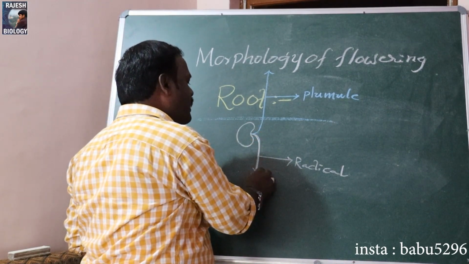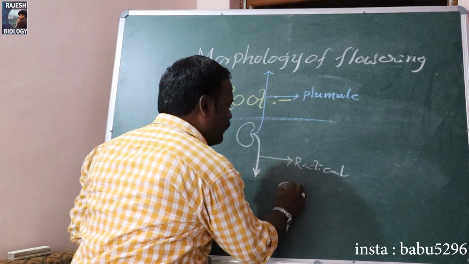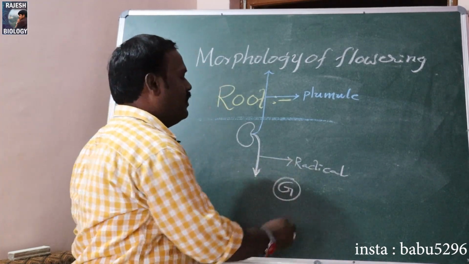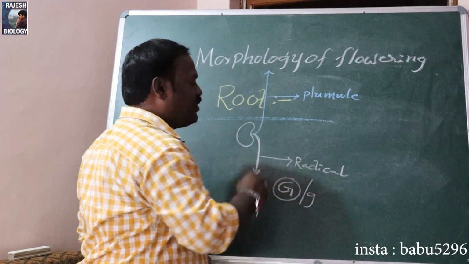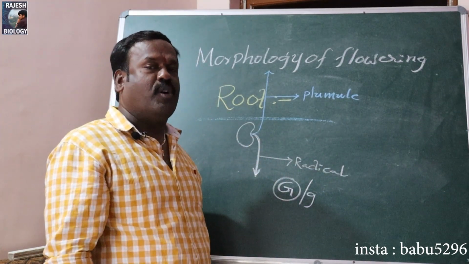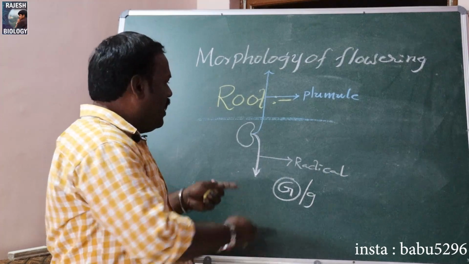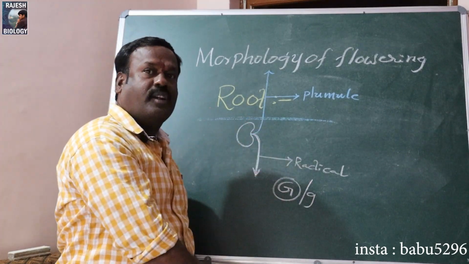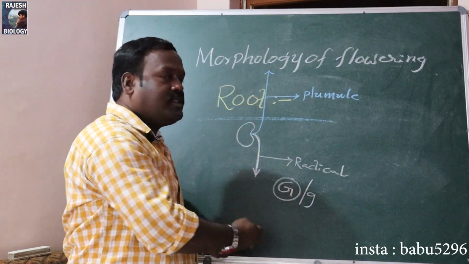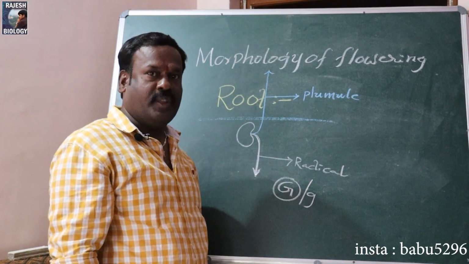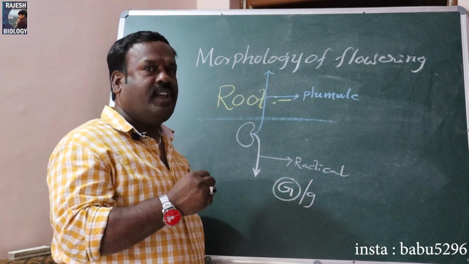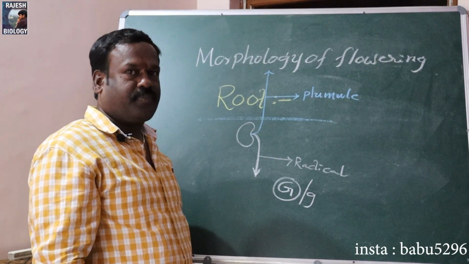The radicle grows towards the gravitational force. In your physics also, small g means gravitational force. The radicle grows downwards, towards the gravitational force. That is called positively geotropic manner.